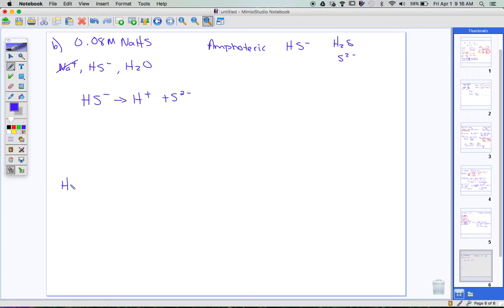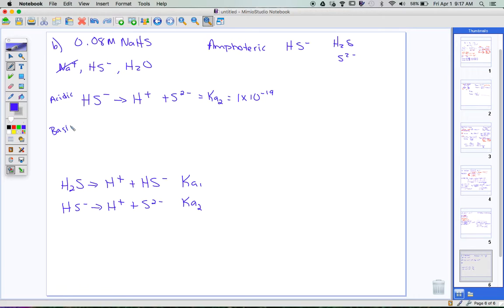Remember, H2S dissociates stepwise, right? So this would be Ka1, this would be Ka2 in the tables in Appendix D. So that looks exactly like that equation. So basically we just have to go look up Ka2 for H2S. And if you go look it up, it's 1 times 10 to the negative 19th, which is really, really small. This is it working as an acid.